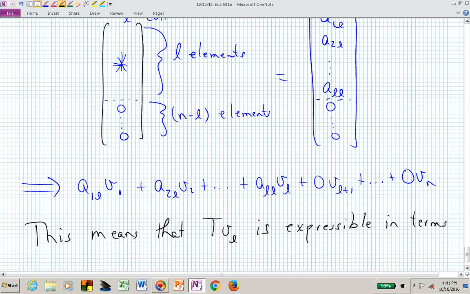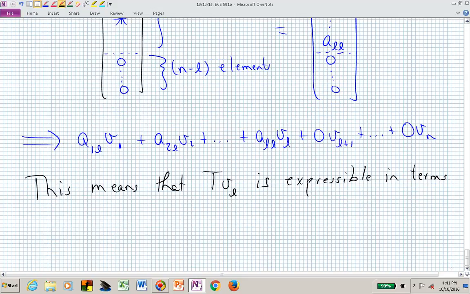What vectors do we need to express this result of hitting V sub L with this linear map T? This means that T V sub L is expressible in terms of what basis vectors?